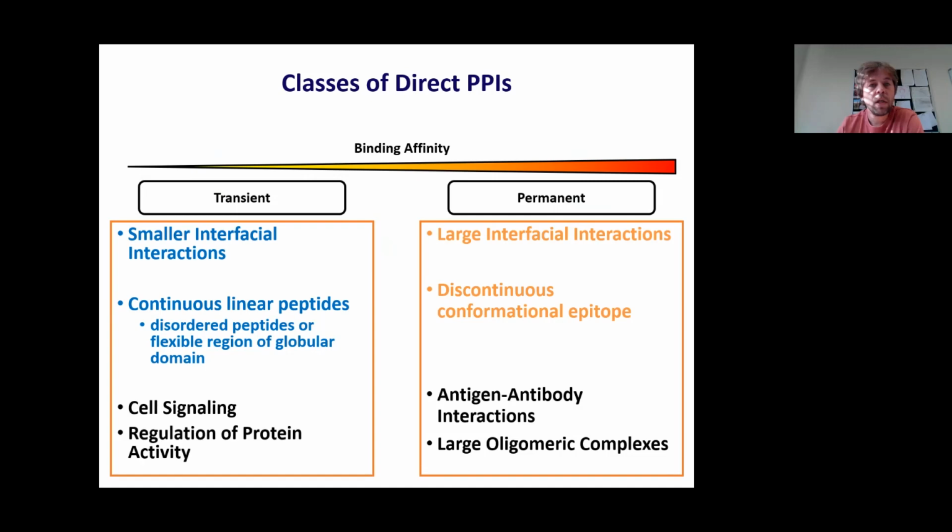Now, of course, transient protein-protein interactions, by their very nature, are very tough to get together. They're not particularly stable, so biophysical methodologies such as crystallography or NMR make it challenging to view an entire protein-protein interaction.